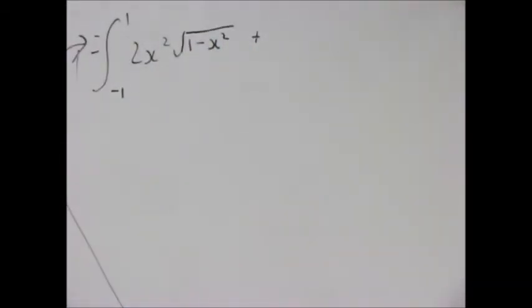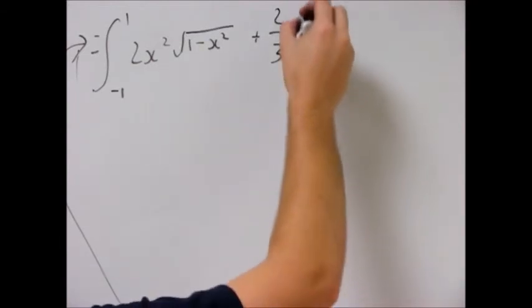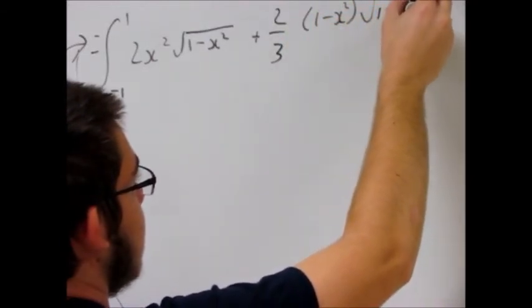Plus, well, we're going to do 2 of these as well, because minus the negative, so it'll be 2/3 minus x squared times the square root of 1 minus x squared.